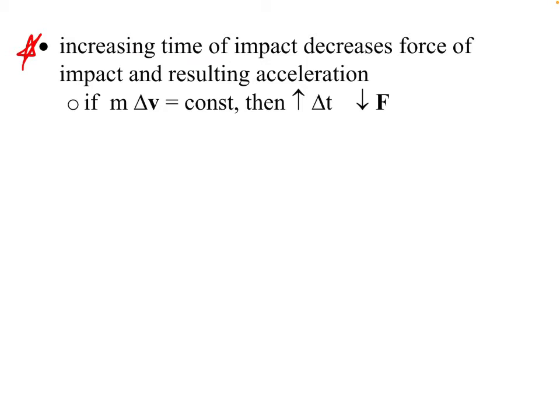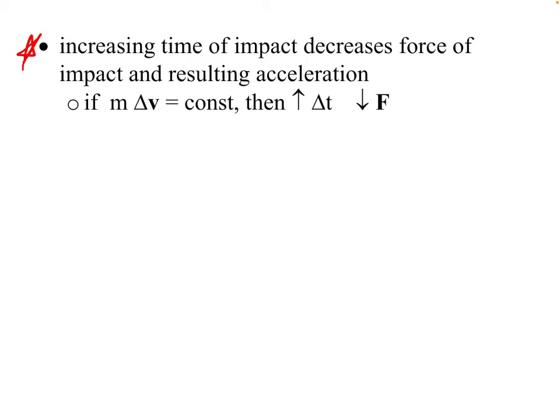But the way you change that momentum is very different than if you were to just jump from a high height and hit the ground. But if you're jumping onto a trampoline or something filled with air or a big squishy mattress, what does that do? Well, the mattress or the air mattress or whatever increases the time of your impact with the ground and therefore decreases the force that you experience.